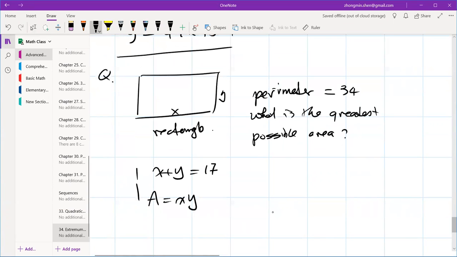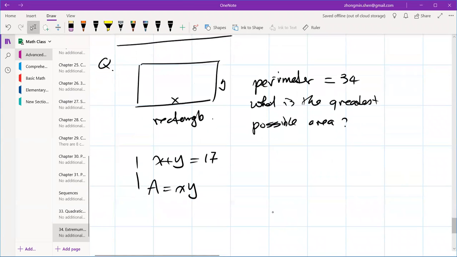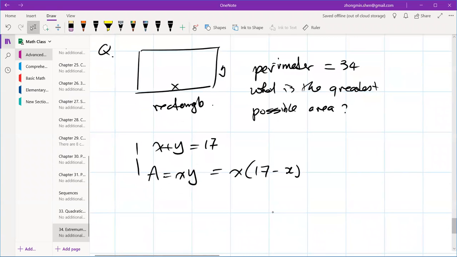They are between 0 and 17, and they're related: the sum is 17. So you can express y in terms of x, so 17 minus x. You set x to be free, then y cannot be arbitrary. All right.